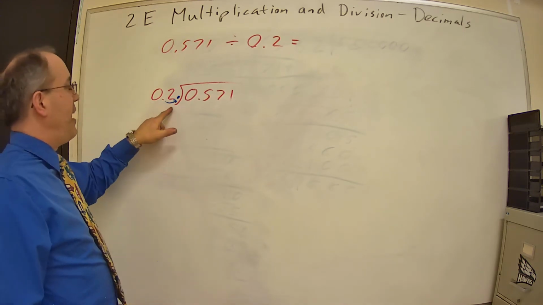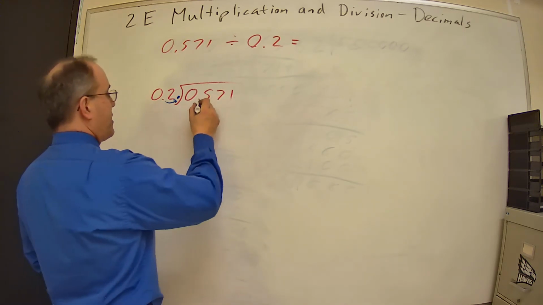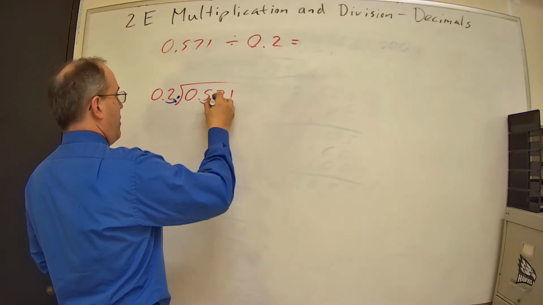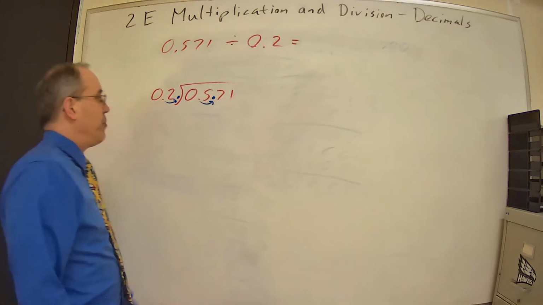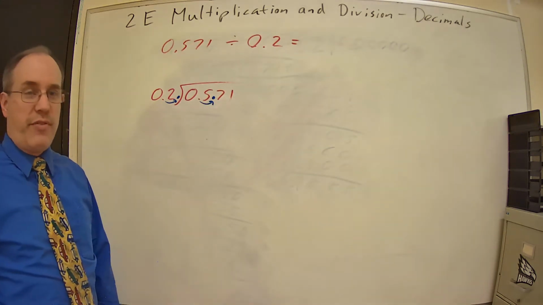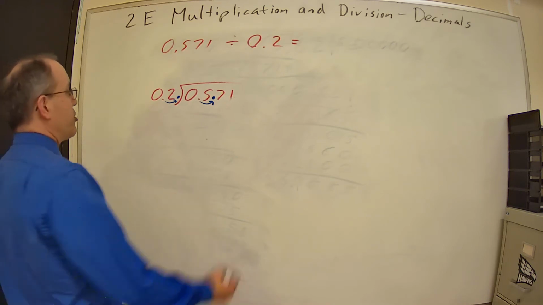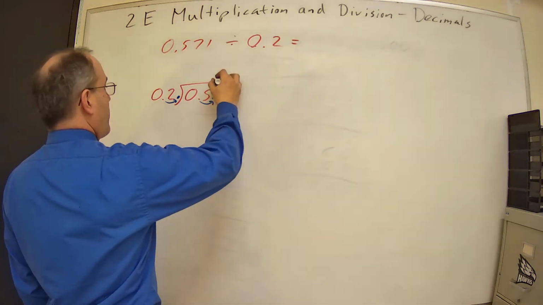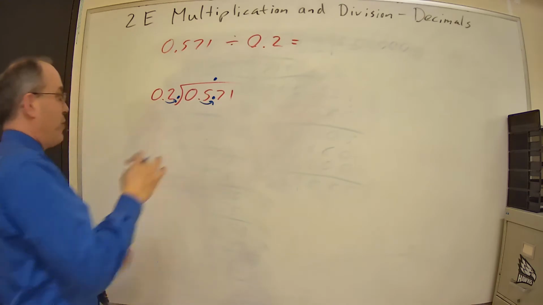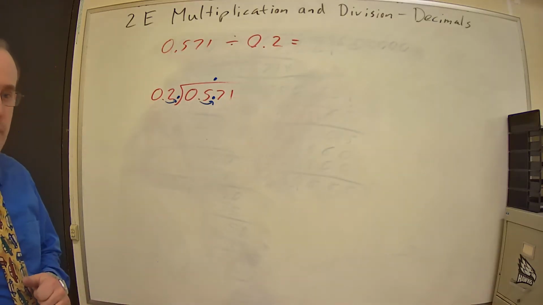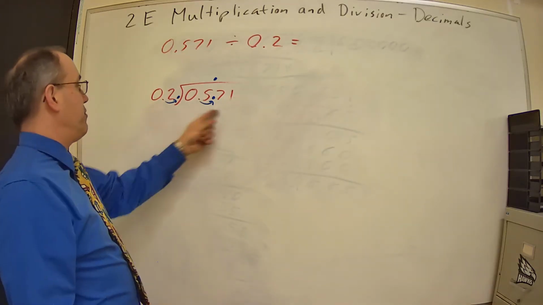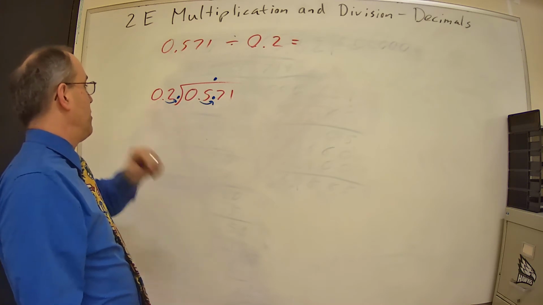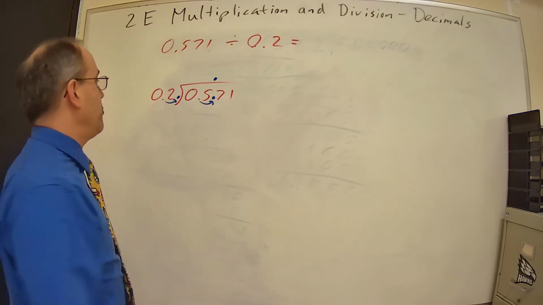Since I did that here, I'm going to do the same thing inside, and I'm going to make that 5.71. So that's going to put my decimal point right here between the 5 and the 7. Now I'm going to divide by 2 instead of by a decimal.